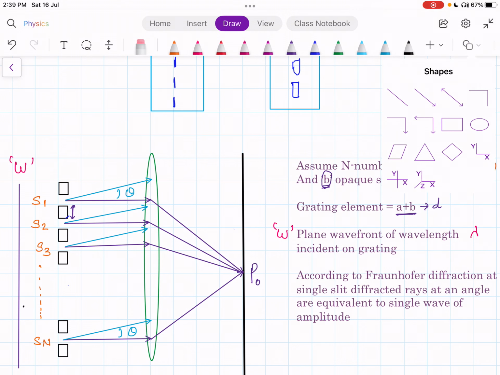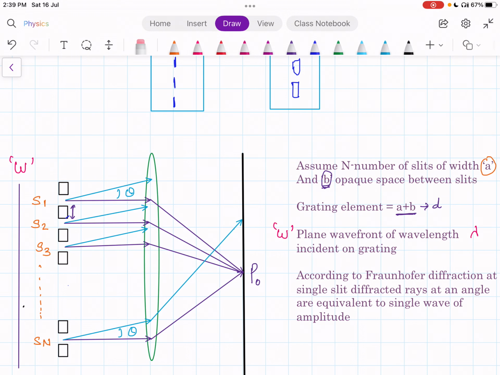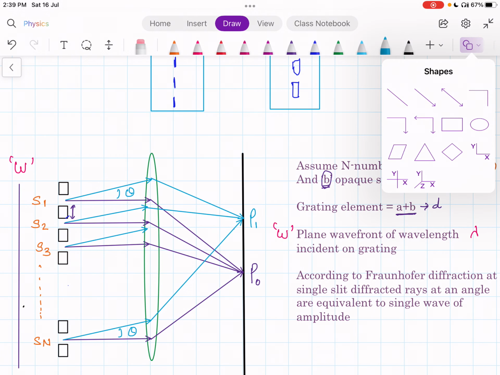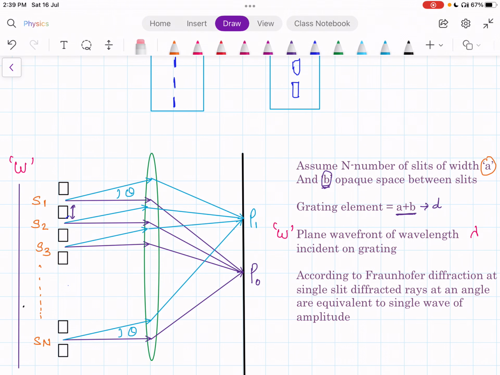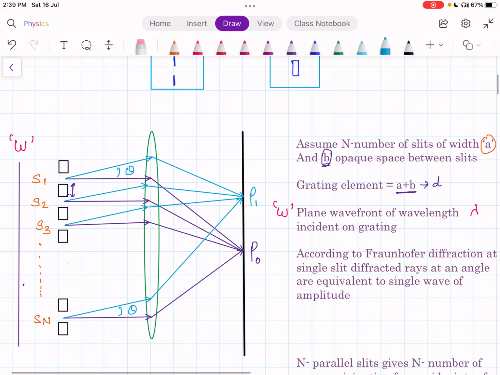Such secondary waves are focused at a point, let's say P1. All secondary waves which are traveling in a direction theta with the normal to the plane of the slits are focused at point P1. On the screen we have two points, P0 and P1.